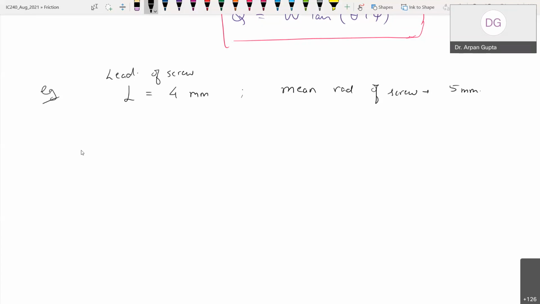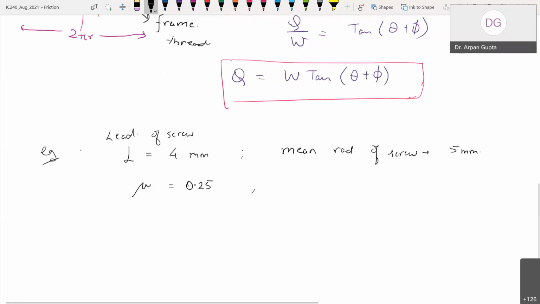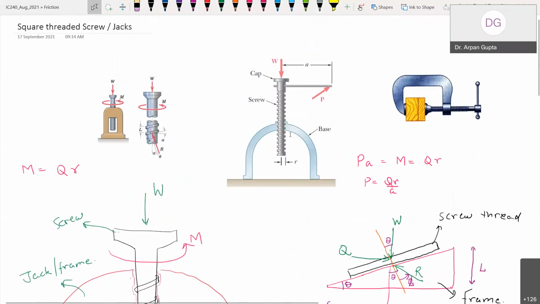So these are the two data about the screw that are given. The coefficient of friction between the screw and its frame is 0.25, and let's say I'm talking about this problem.